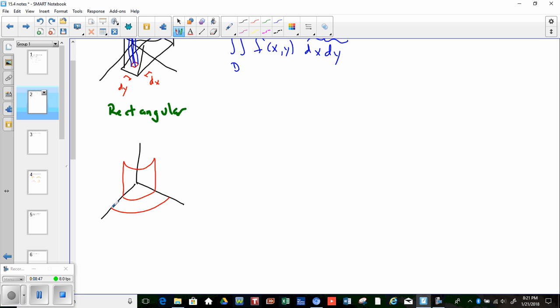And then if this one extends vertically, there we go. So what I've got is this region here.